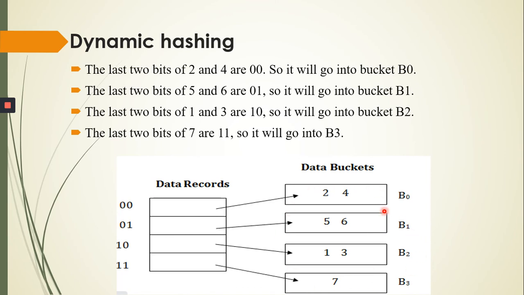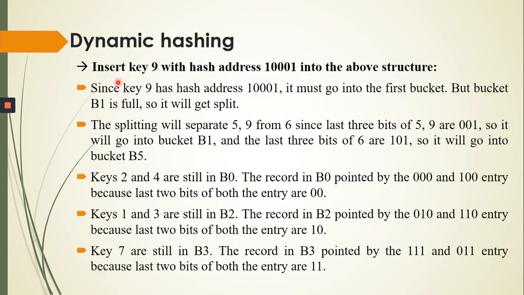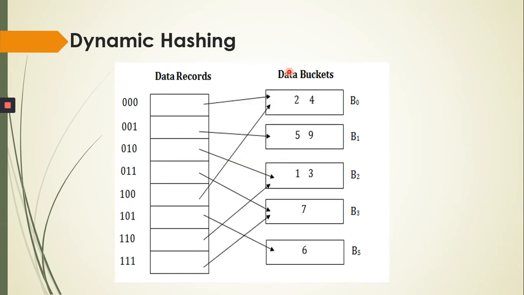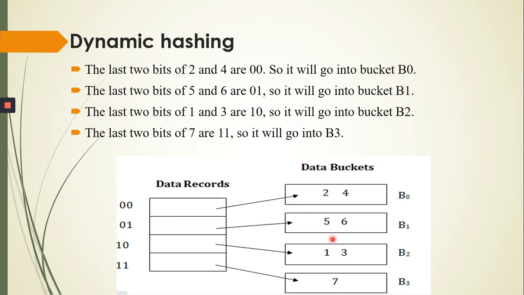Now for example, next we have to insert a key 9, which is not given in the previous example. We are using the key number 9 with the hash address 1001 in the above structure. So we get the address 01, and for 01 we add 9 over here.